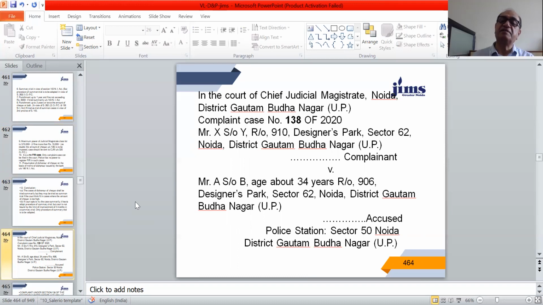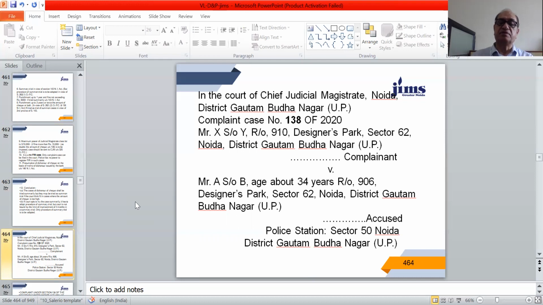I have highlighted 138 just to remind you that you are resorting to the provisions of section 138 of the Negotiable Instruments Act. As usual, the name of the complainant will come first. Mr. X, son of Y, is our complainant with his complete address, versus A, son of B, who is also a resident of District Gautam Buddha Nagar.